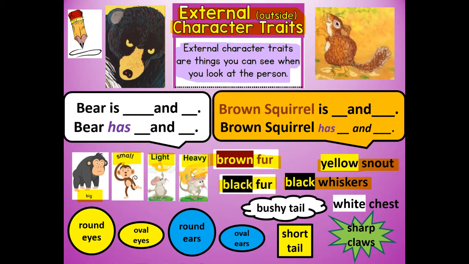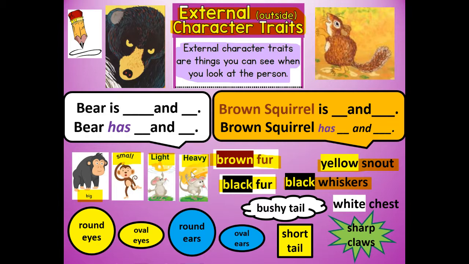So you would write brown squirrel has brown fur and black whiskers. So push pause, write brown squirrel has brown fur and black whiskers. And when you're finished with that sentence, push play.